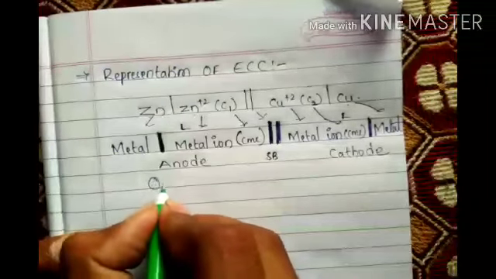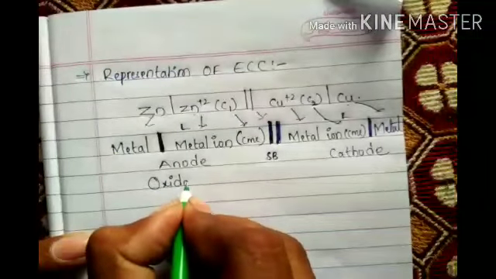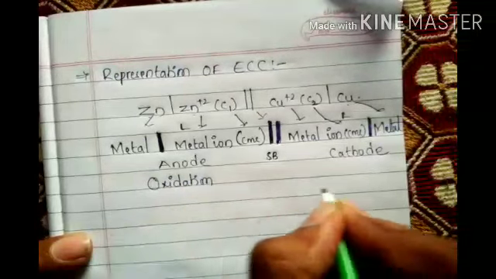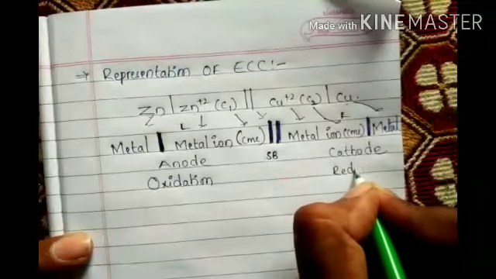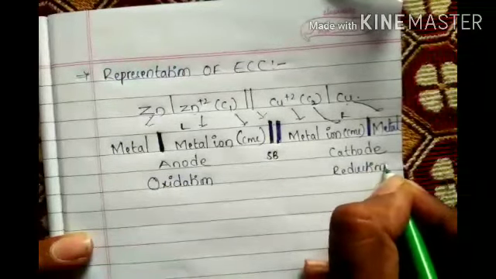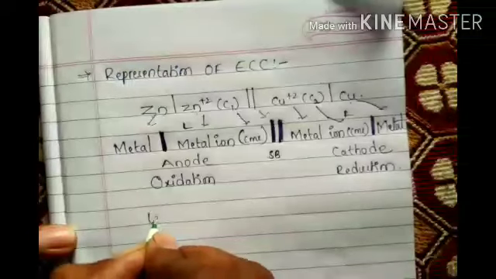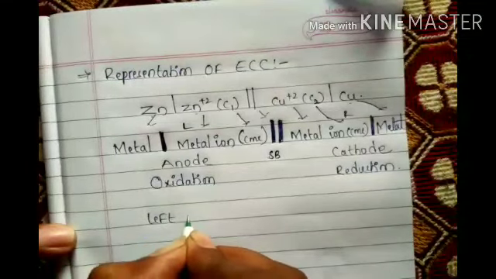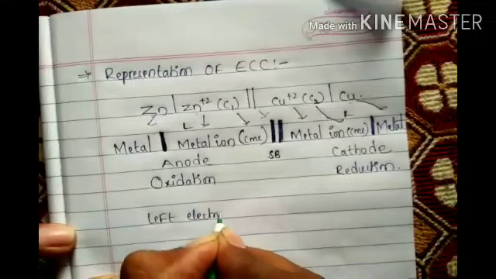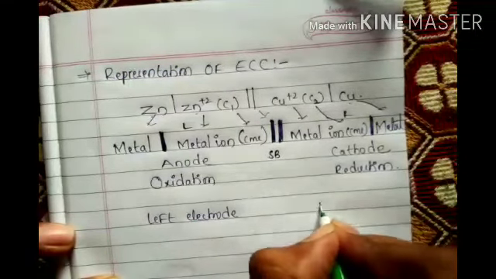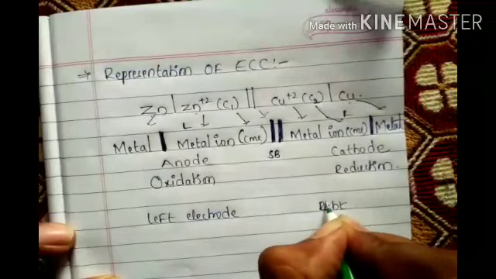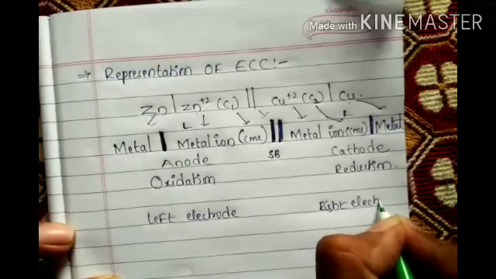Here oxidation occurs, here reduction occurs, right? Now this is the left electrode, this is the right electrode.